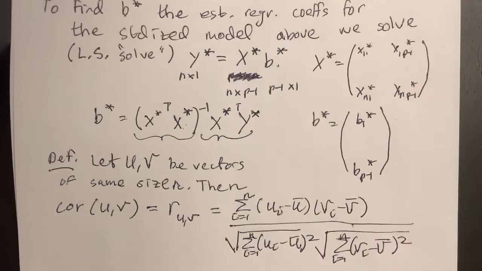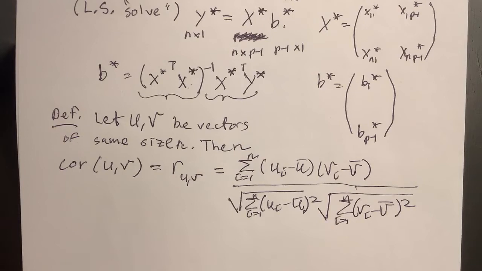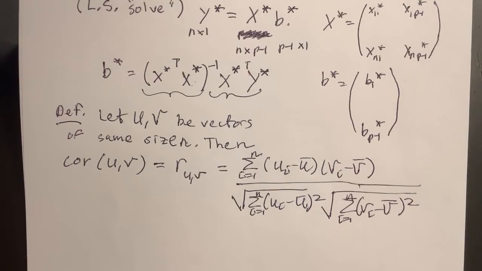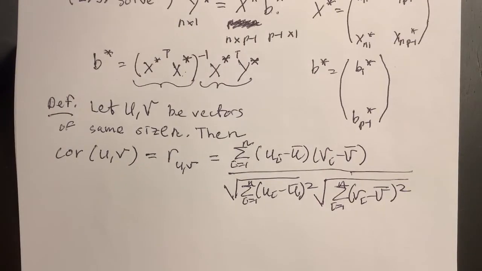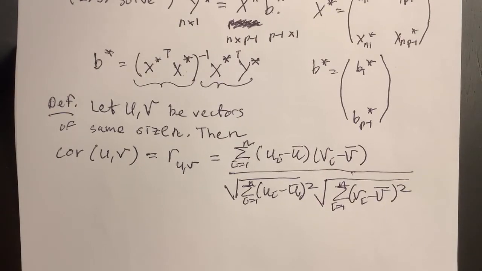and this should look a lot like the expression for correlation for random variables. But this is like a sample correlation.